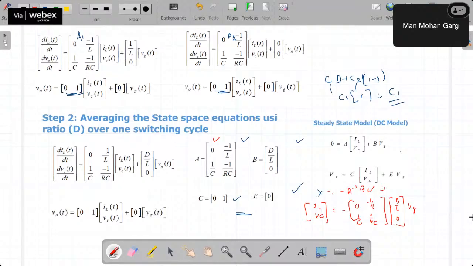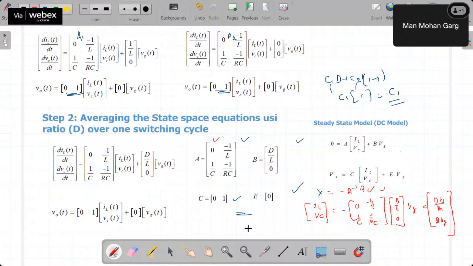You get this equation, B is Vg upon L, times Vg. Which is nothing but V naught by R, and this is D into Vg, where the output voltage is equal to Vc.